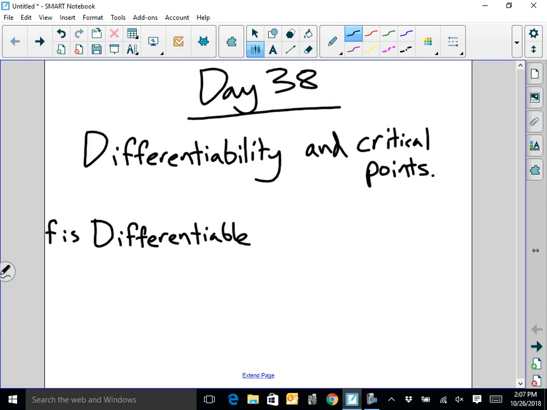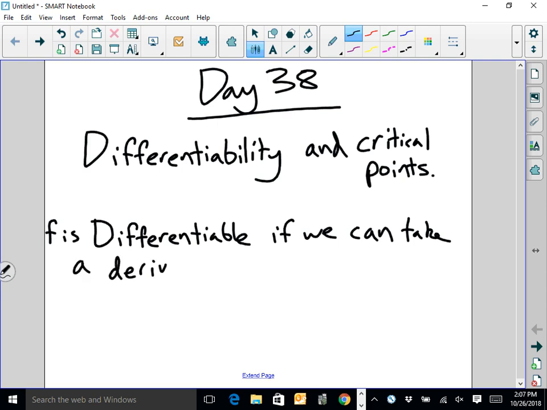So this is related to derivatives. f is differentiable if we can take a derivative anywhere. So for something to be differentiable on an interval, that means anywhere on that interval, we can find a derivative, right? We can find a slope of a tangent line.